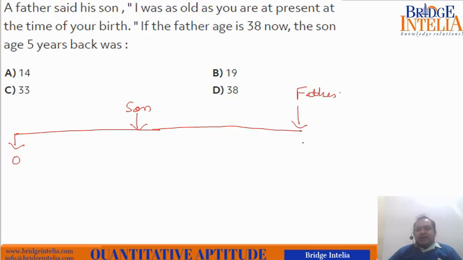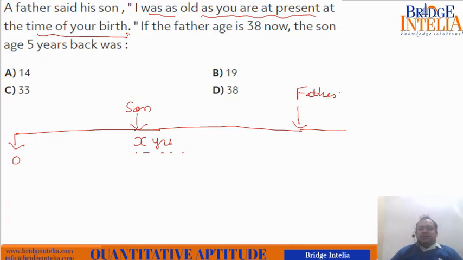Presently the son is X years old, so father is telling him that I was also exactly X years old when you were born, at the time of your birth.